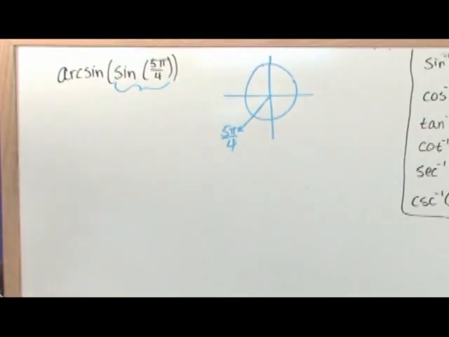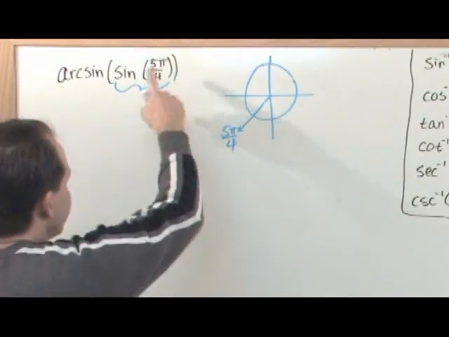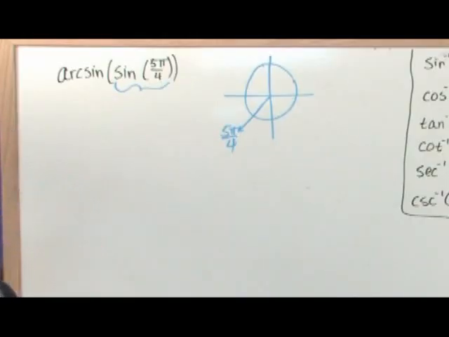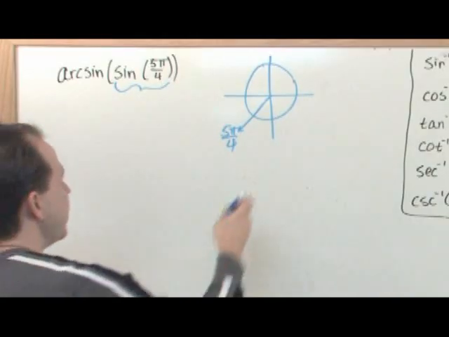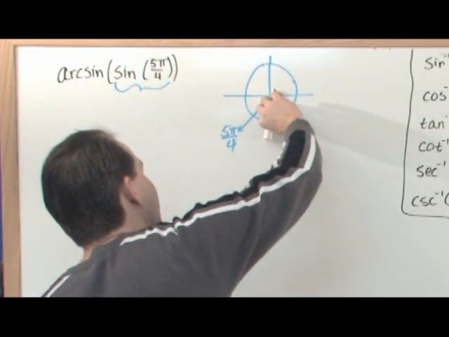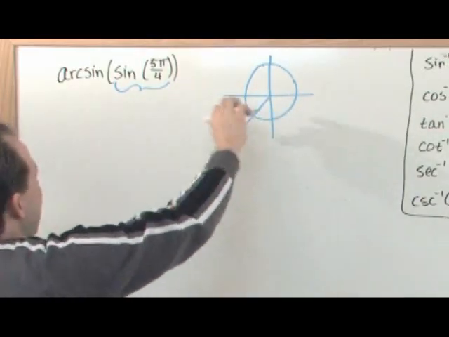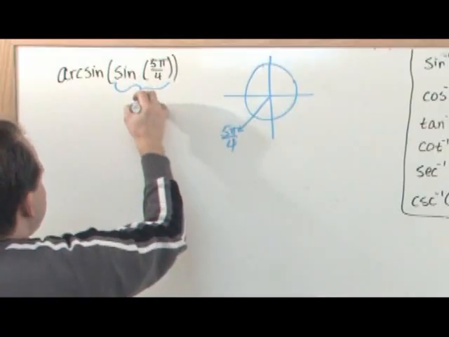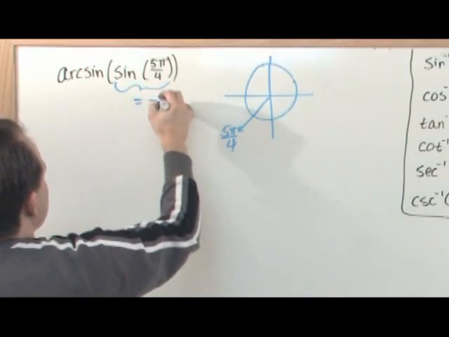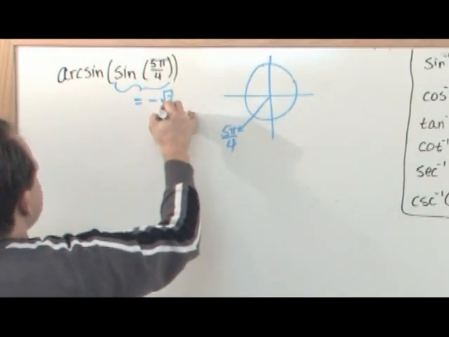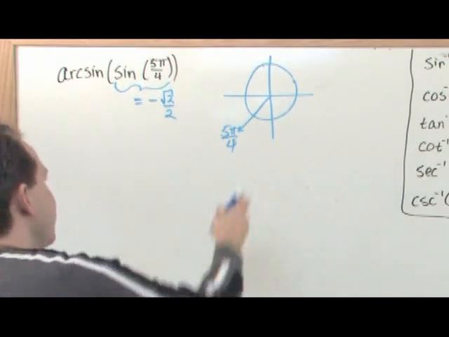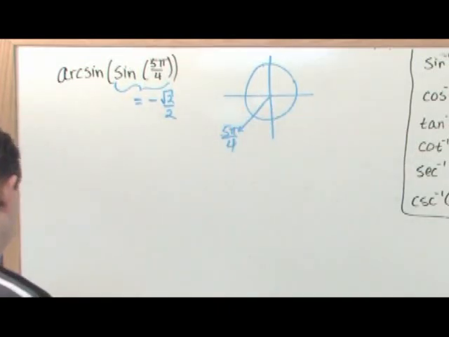You know it's going to be square root of 2 over 2 because it's a multiple of pi over 4. That's something you should know from your trig. But because it's down here in this quadrant, it's projecting on the negative y-axis there. So this is actually going to equal, inside here, negative square root of 2 over 2.